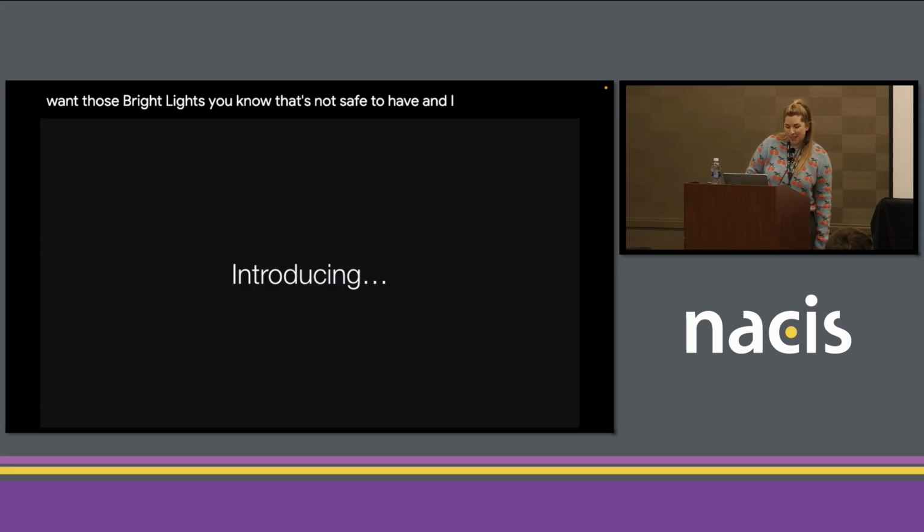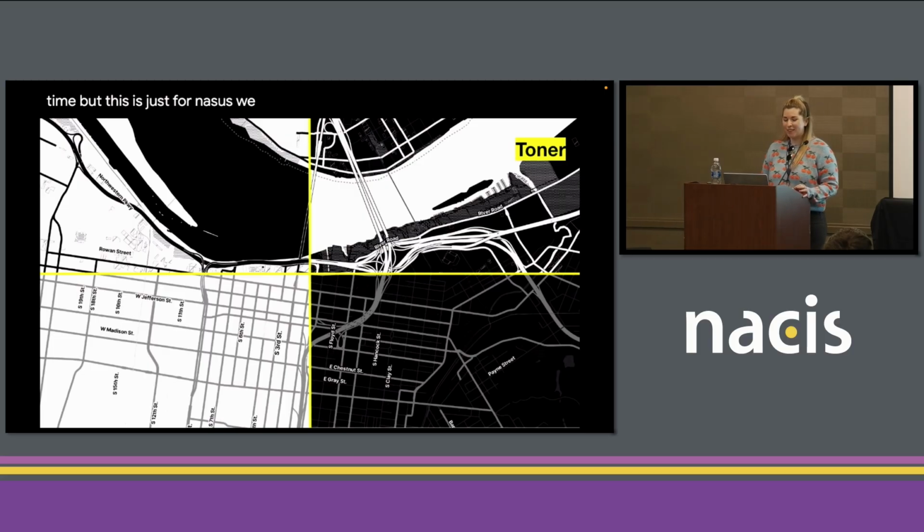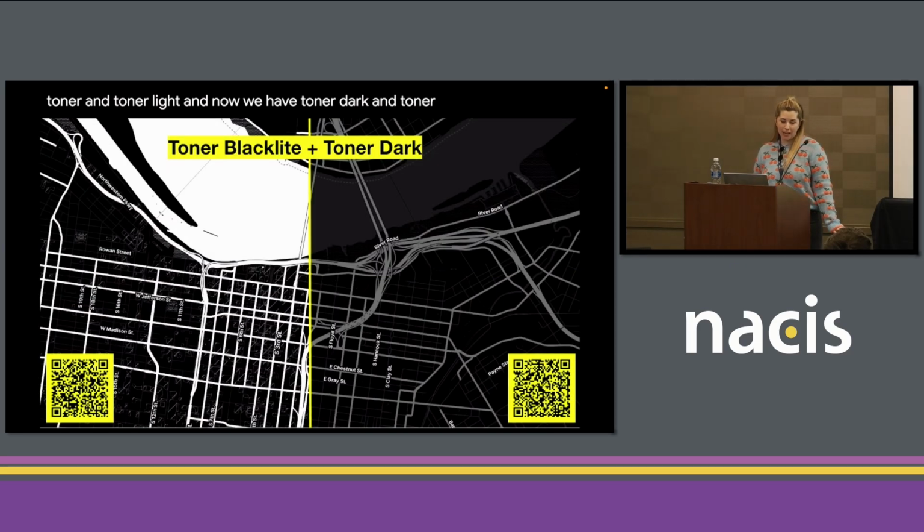And I am almost out of time, but this is just for NACIS. We created two new versions of Toner, which is one of our core styles. So we had the two on the left here before, which is Toner and Toner Light, and now we have Toner Dark and Toner Black Light. We debated the names for a long time, but they're available now on Stadia Maps, which hosts our maps these days.